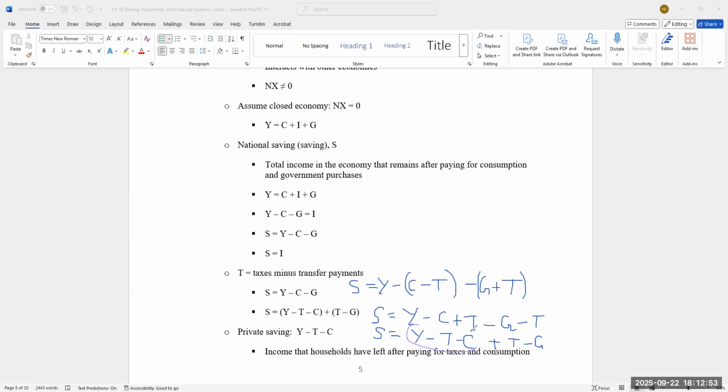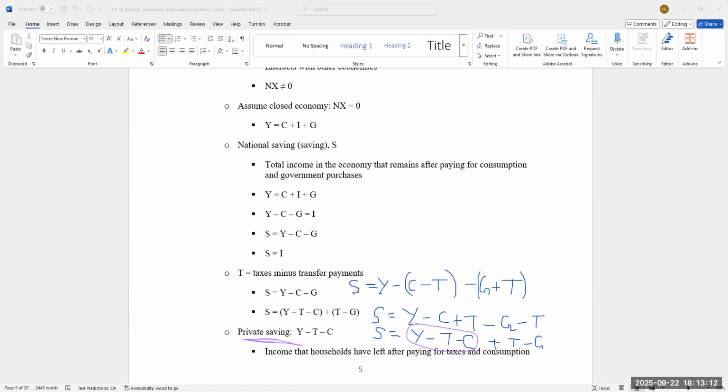This here is what we call private savings. Y minus T minus C is private savings. Income minus taxes minus consumption is what you and I as households save.